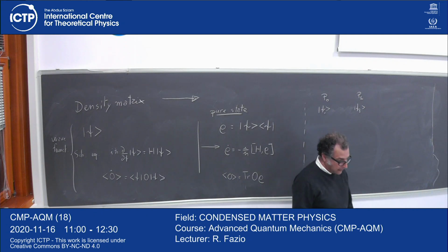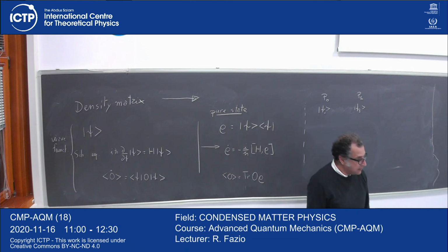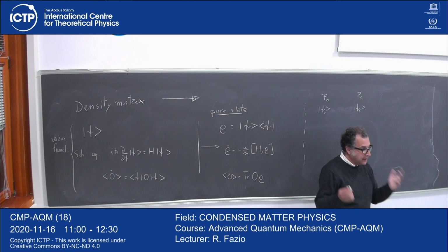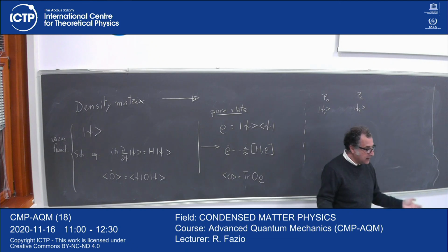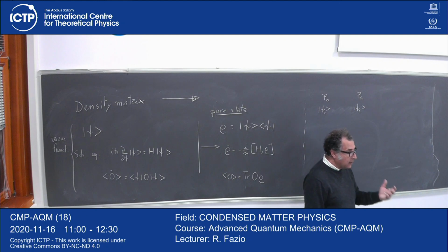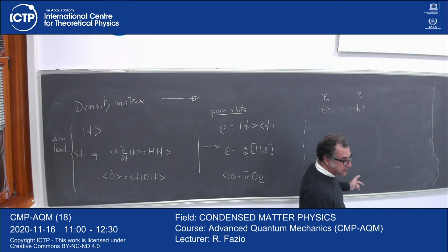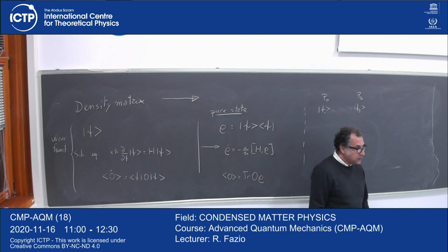So this is classical probability. I just generate random numbers, and in a fraction P0 of the times I prepare the state psi 0, and in a fraction P1 of the times I prepare the state psi 1.